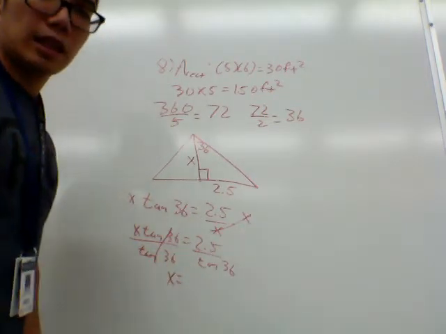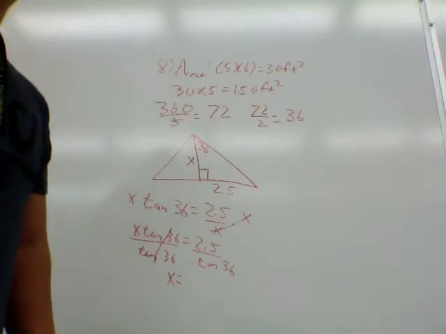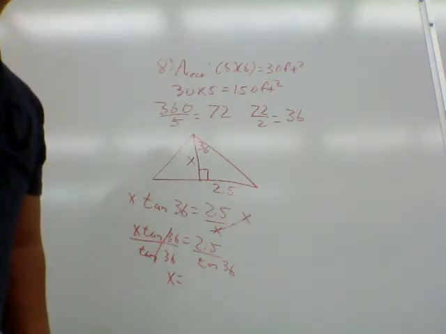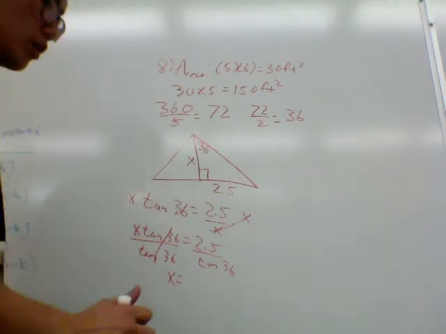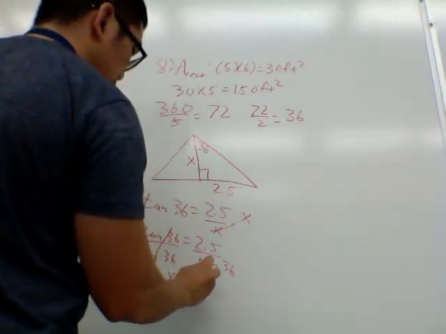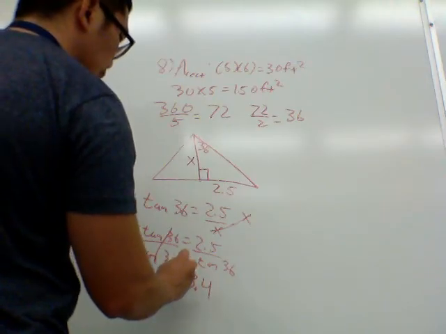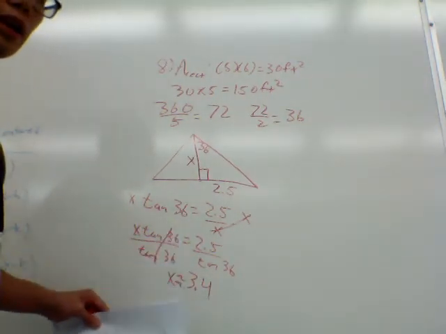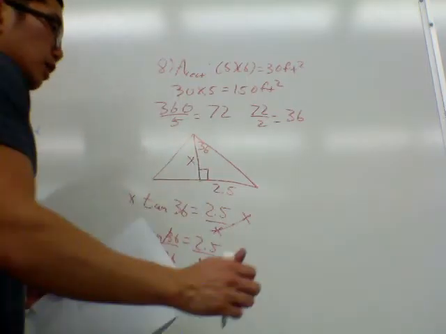And I get x is equal to 3.4. It's around 3.4. Okay. So now I can find the area of my pentagon.